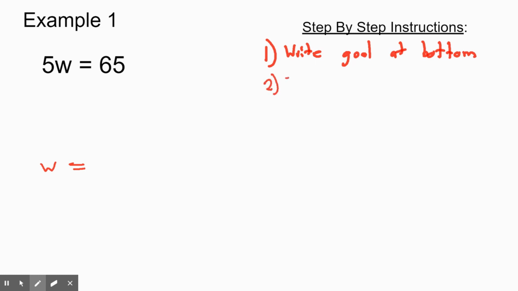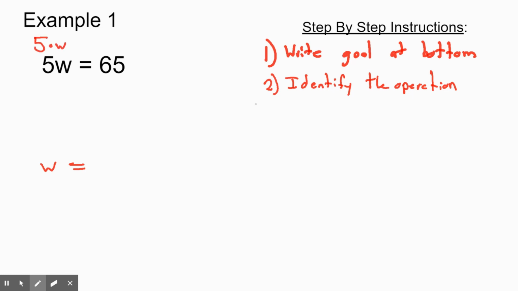Step 2 is to identify which operation you need to get rid of. So in this example, we have 5w. Remember, we can also think of this as being 5 times w.